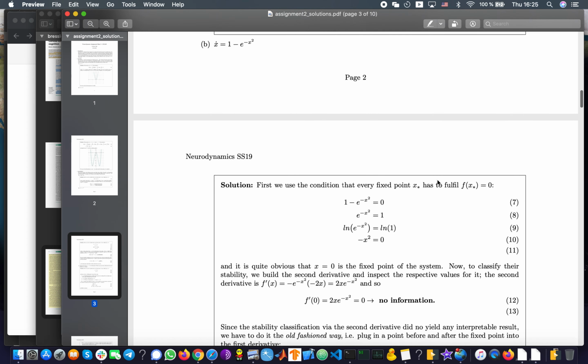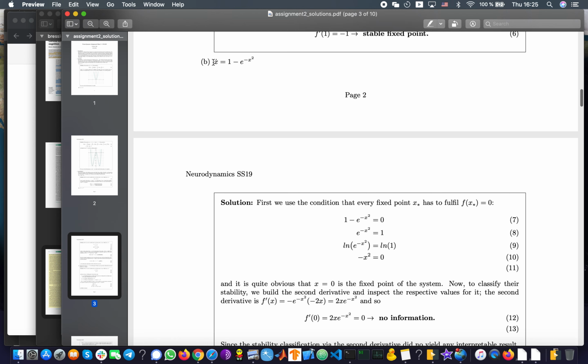You can also talk about this example, where x dot is equal to 1 minus e to the power minus x squared.